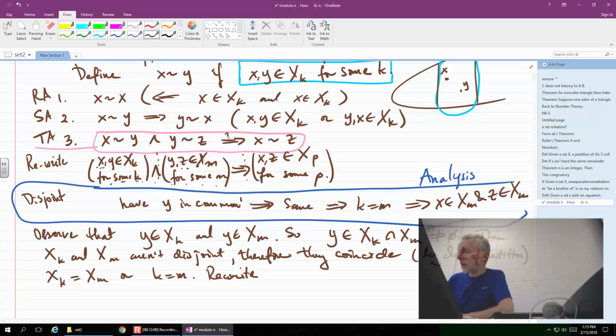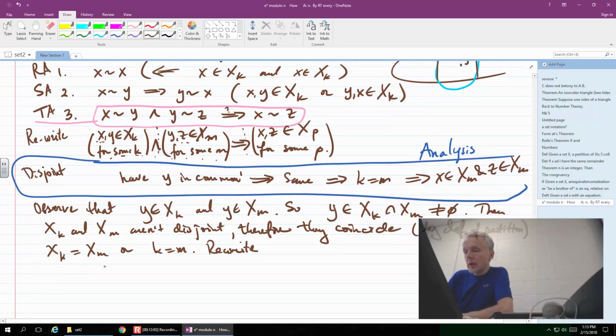And so what we have here is xy belongs to X sub k, and yz belongs to X sub k, because X sub m is equal to X sub k. Okay, so why does it imply that xz belongs to some X sub p?